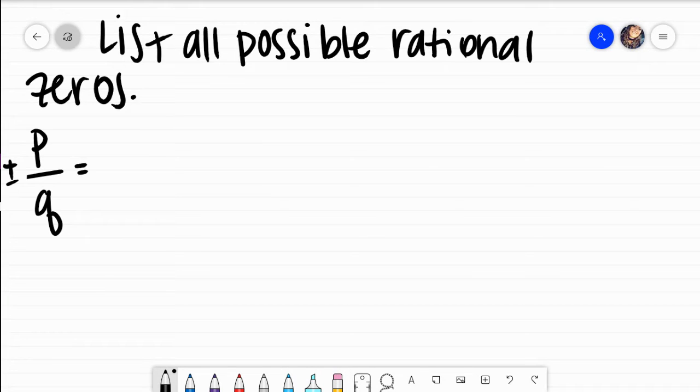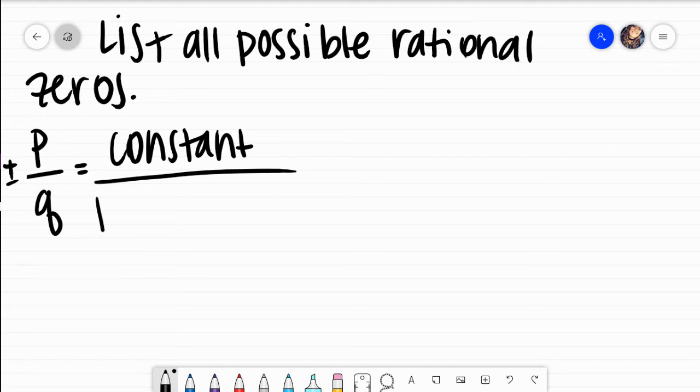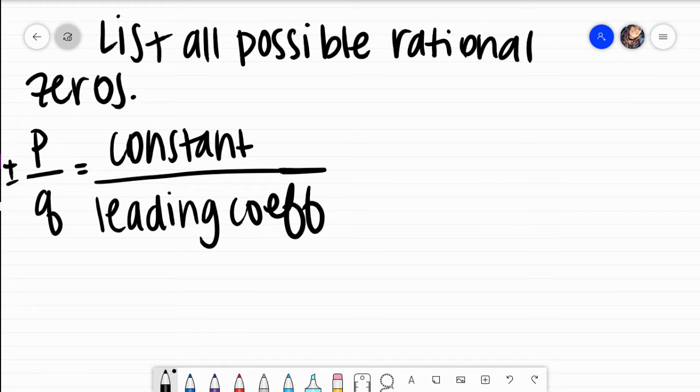Now, my p is my constant term. My q is my leading coefficient. Okay, so you're actually going to list all the positive and negative values of the factors of your constant term and the factors of your leading coefficient.